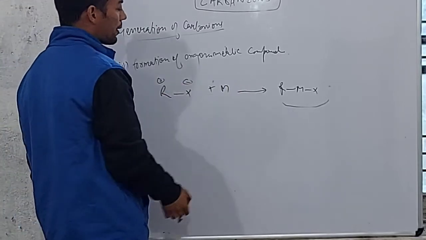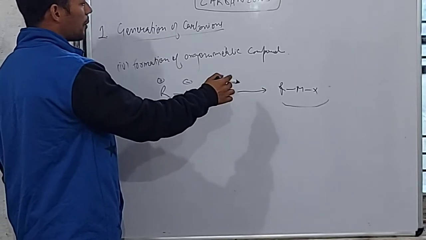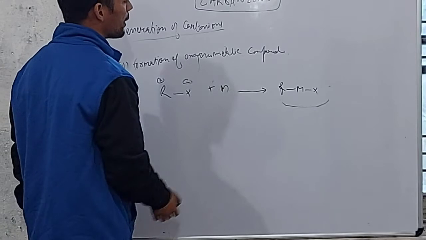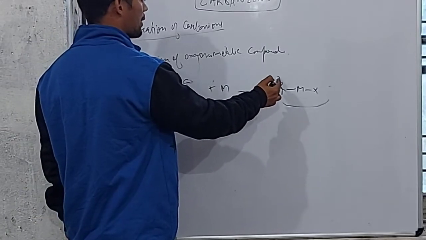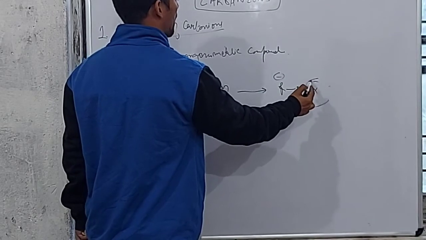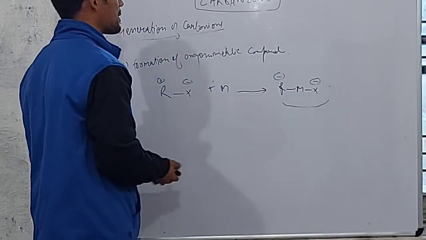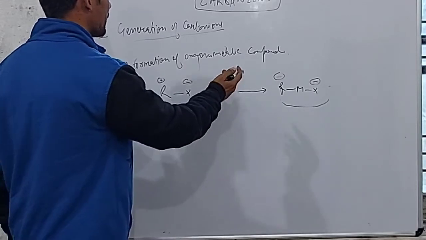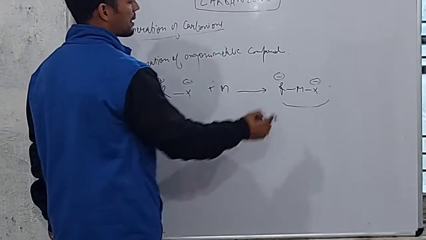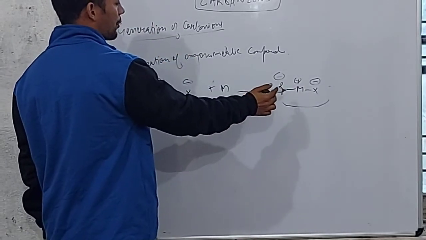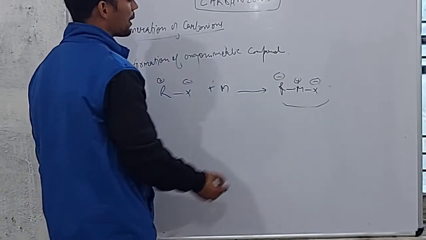But in the product, when we made an organometallic compound, this alkyl group will also have a negative charge and this halide group will also have a negative charge. This is the property of an organometallic compound: the metal acts as a positive charge, and the alkyl group and halide group obtain a negative charge.